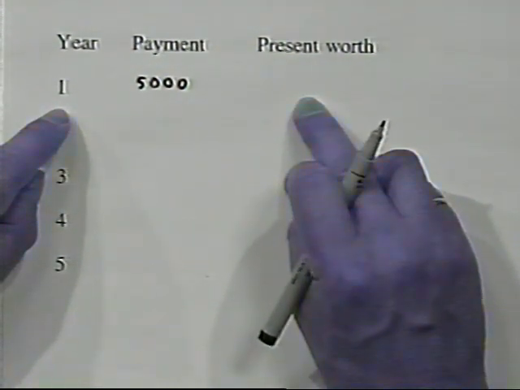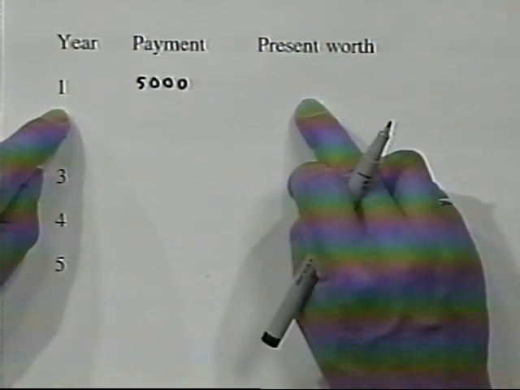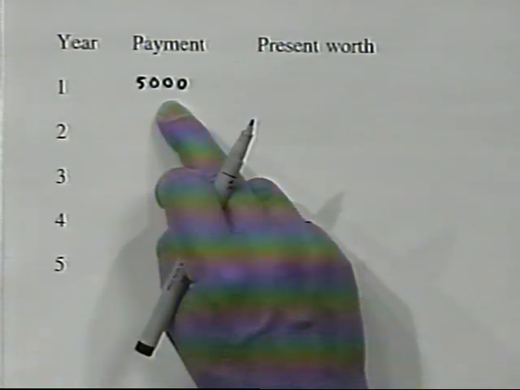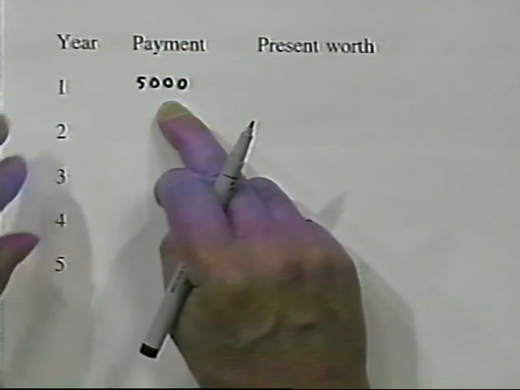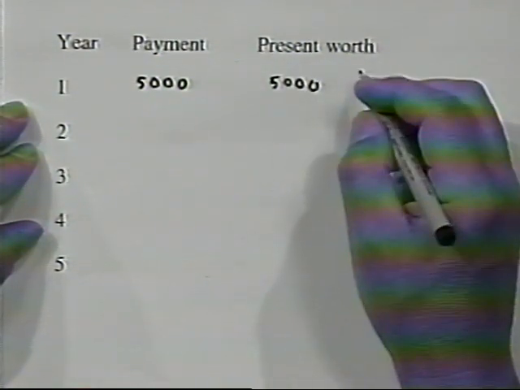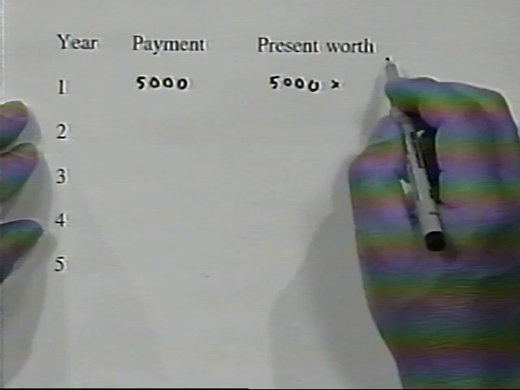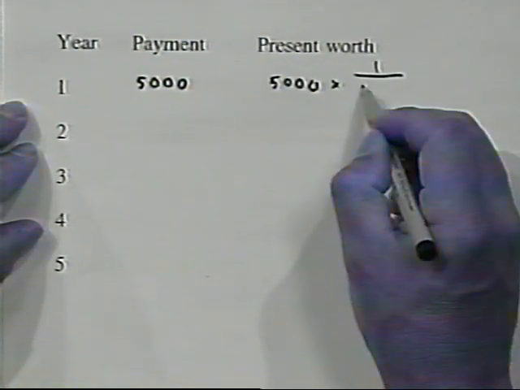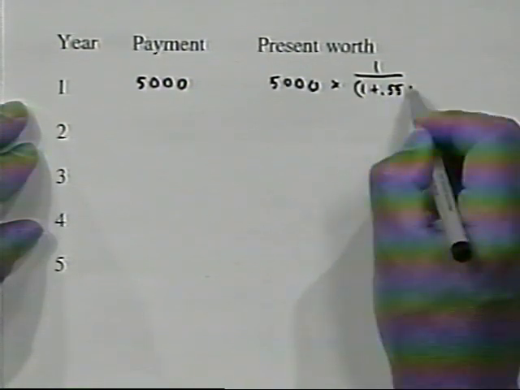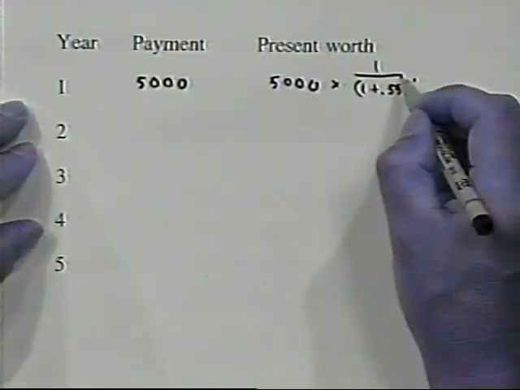Well, if at the end of the first year we've saved $5,000 on this overhaul, we can calculate, using our present worth factor, what the present worth of that future savings would be. As $5,000 times 1 over 1 plus 0.55 raised to the power 1.